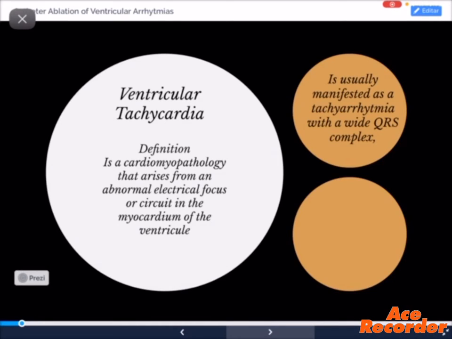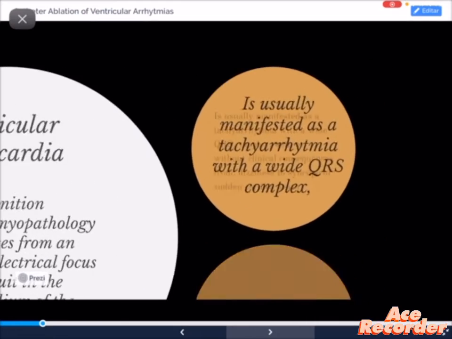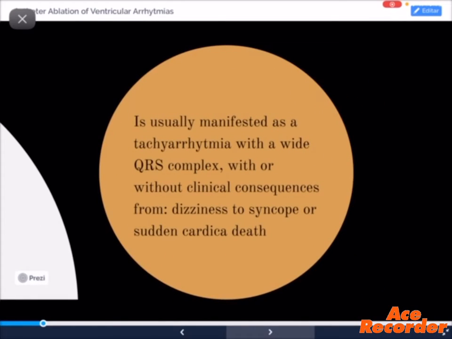It is usually manifested as a tachyarrhythmia with a wide QRS complex. This could be with or without clinical consequences that range from dizziness to syncope or sudden cardiac death.